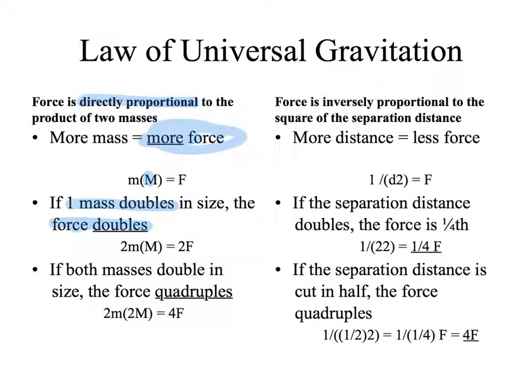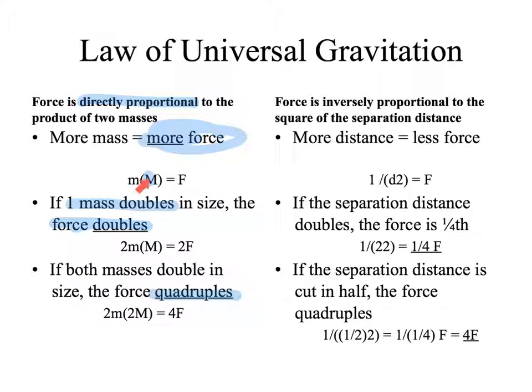Now, if both masses increase, so if I increase one mass by 2 and another mass by 2, if I double each of them, then what I get is a force that is 4 times what it originally was. It is quadrupling, okay? Because I originally had one mass, or a mass of 1m, and I am doubling that mass. So now it's 2m.